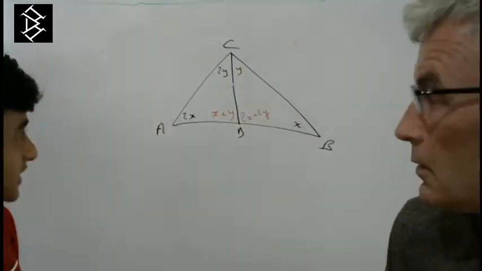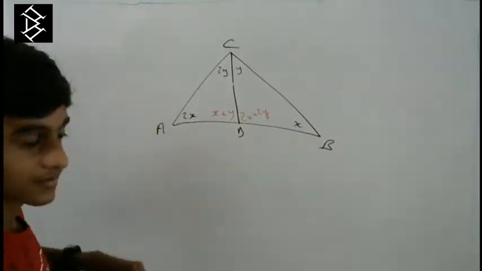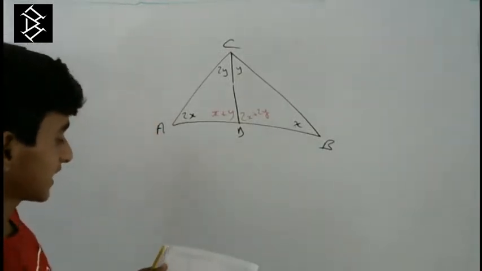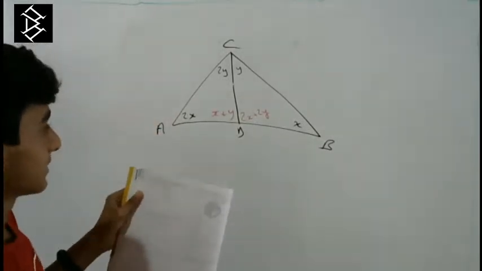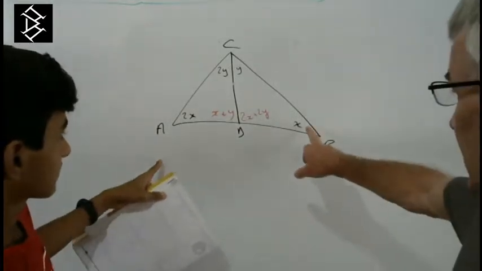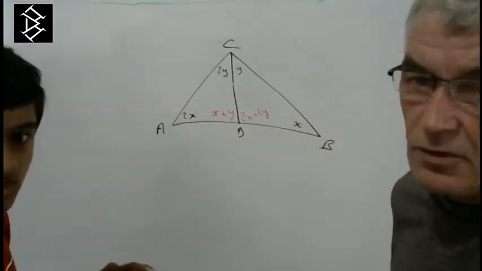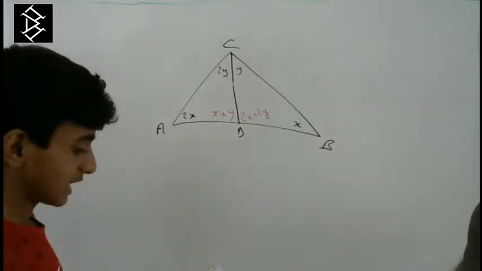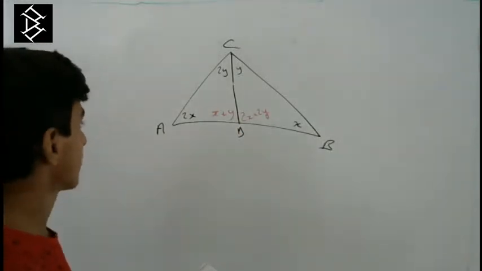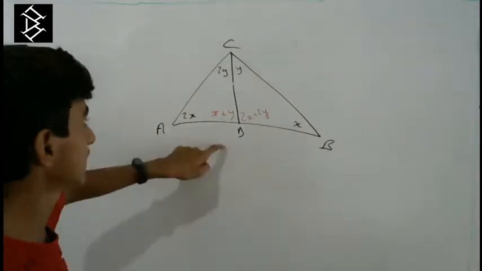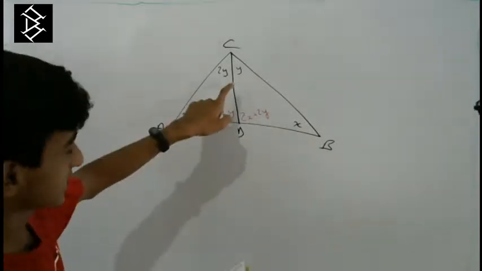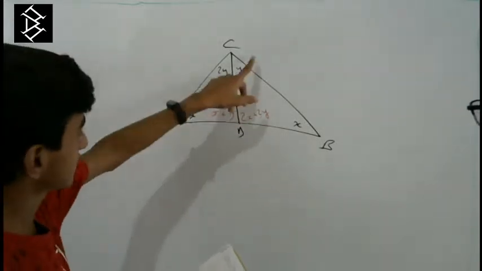So here is a triangle. Suppose angle A equals 2 times angle B. We call angle B x, therefore angle A has to be 2x. And angle ACD is 2 times angle DCB.